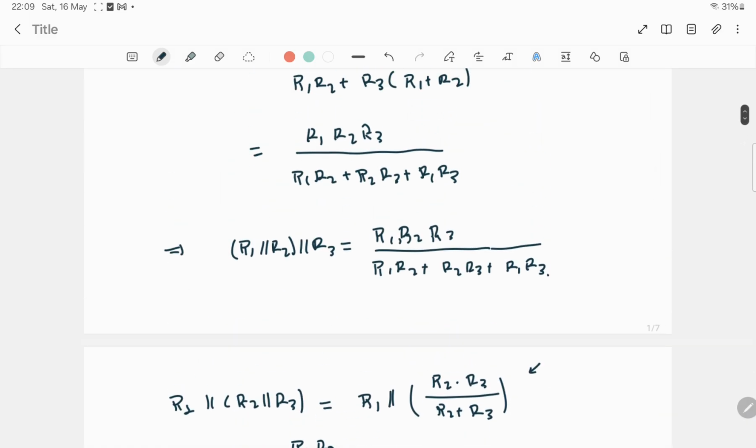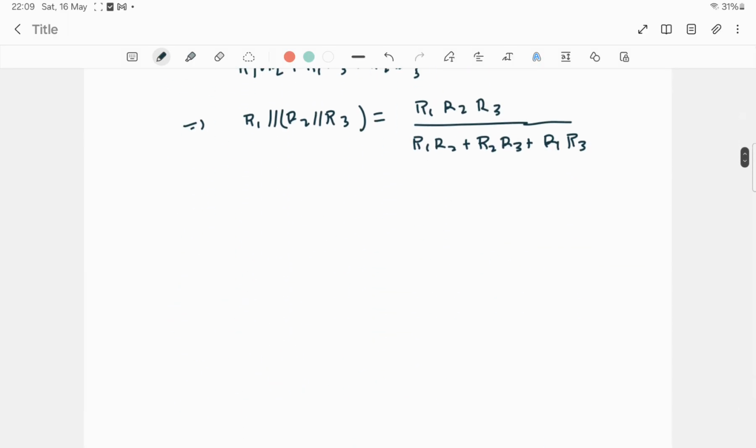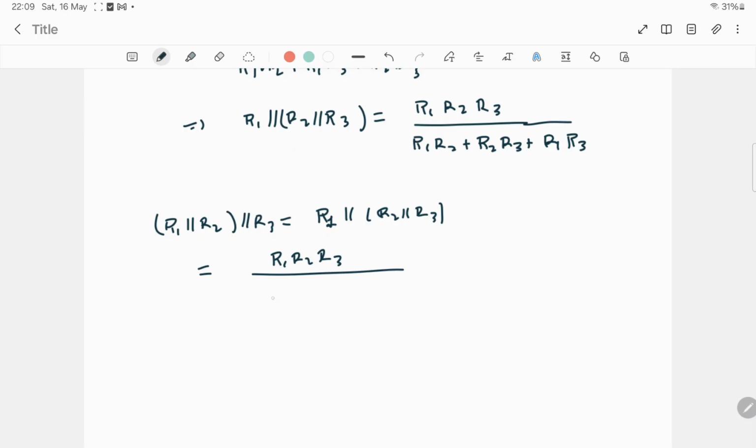And you can see that the formulas are identical. So we have R1 parallel R2 parallel R3 equals R1 parallel R2 parallel R3, and that's going to be R1 R2 R3 over R1 R2 plus R2 R3 plus R1 R3.